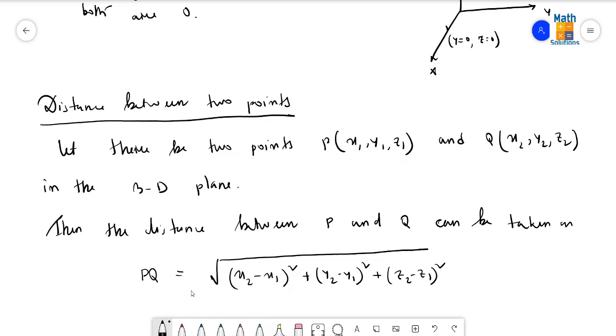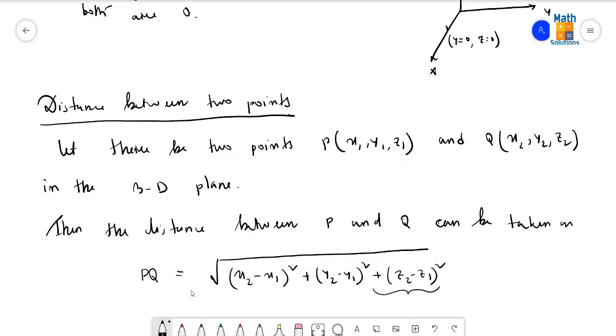We can see that this is just an extension of the distance formula for the two-dimensional coordinate system. So just the extended part is this part. Here we have to consider the z coordinates also.